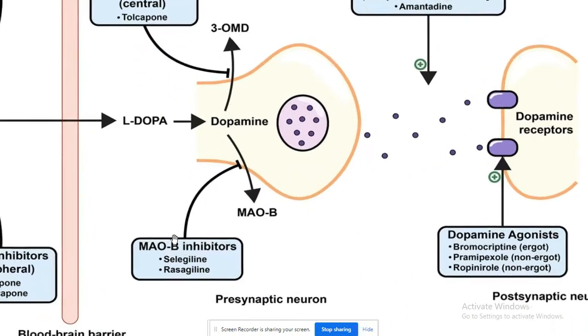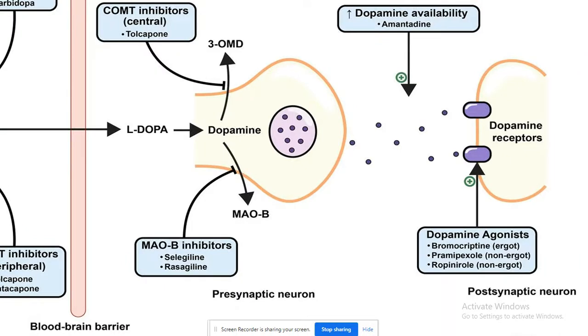If we zoom in here, we're going to see selegiline as well as rasagiline. These are two drugs which are able to prevent this conversion. This is in the presynaptic neuron.